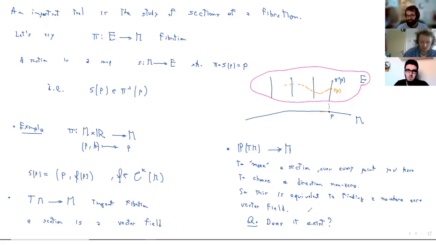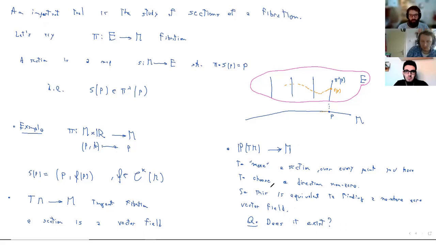For instance, if M is the sphere of dimension 2, so S², this doesn't exist. While for vector bundles, so fibrations where the fiber space is always a vector space, we can always make a vector field. For instance, take the vector field identically zero, and that always exists. When we don't have such a nice distinguished point like the zero, this is not for free anymore.